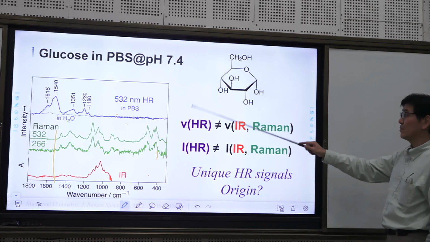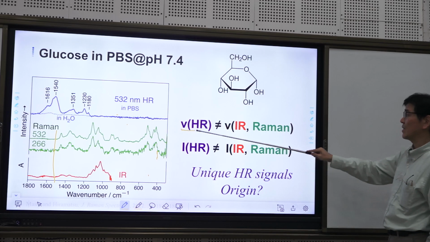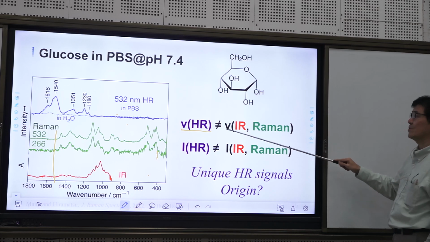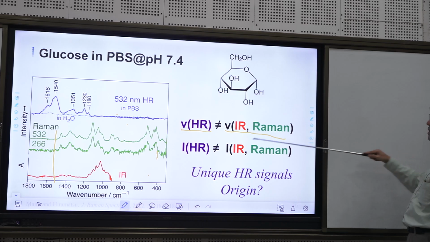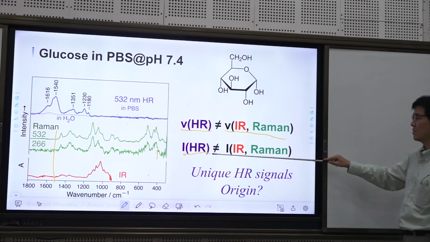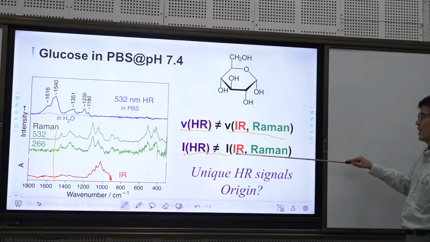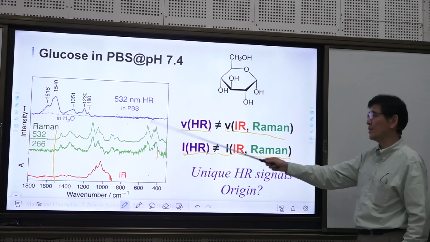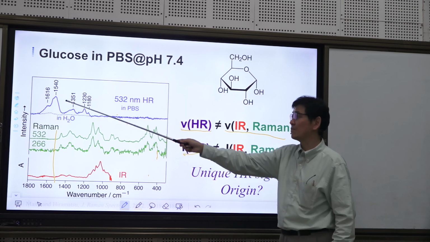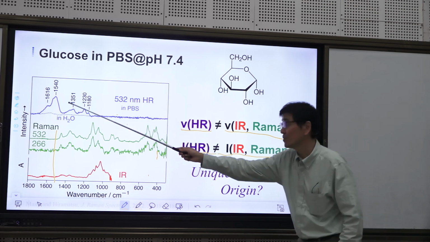Peak positions in the hyper-Raman spectrum are not identical to those in the IR and Raman. Intensity pattern is also different from IR and Raman. So this is very unique information from hyper-Raman spectroscopy.